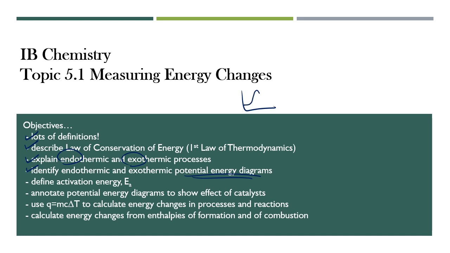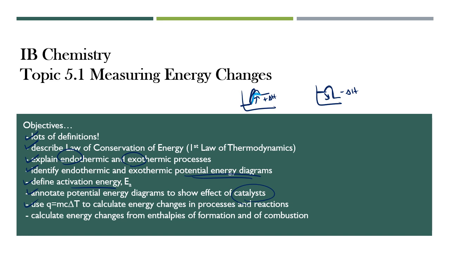If there's less reactants, more products, it's endothermic, that's a positive delta H. If we have reactants up here and products down here, then we have a negative delta H, that's exothermic. We talked about activation energy, that's the energy required to get that reaction to occur. And then we showed how catalysts can actually lower the activation energy. So catalysts would lower that activation energy.